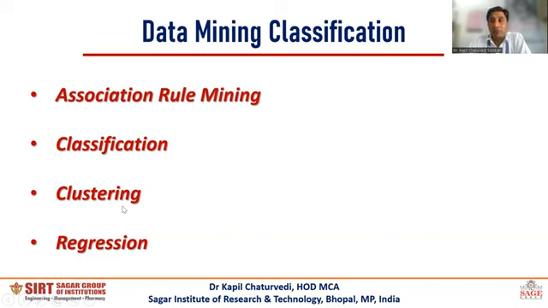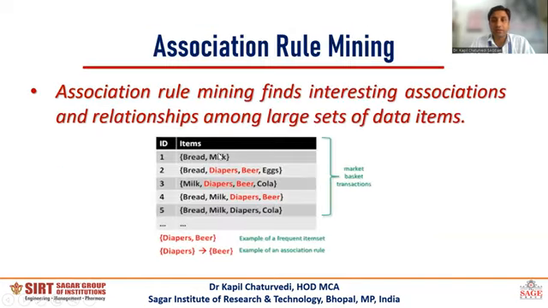If you have to create groups of the data, then you will apply clustering. And if you want to know the relations between the data, then you will apply regression. In your data mining syllabus, there are only three topics: association, classification, and clustering.